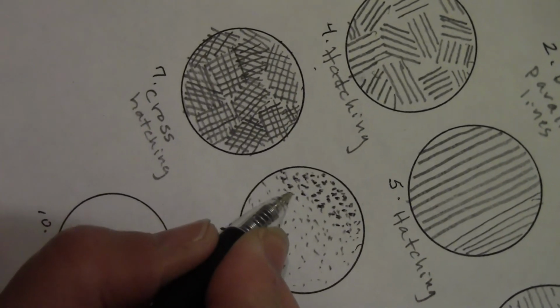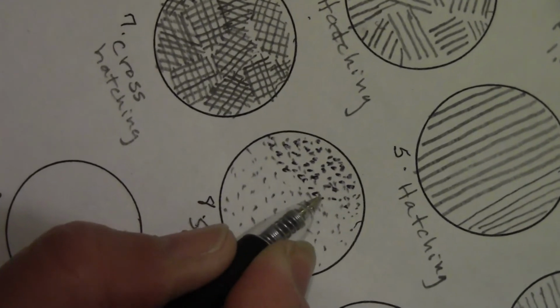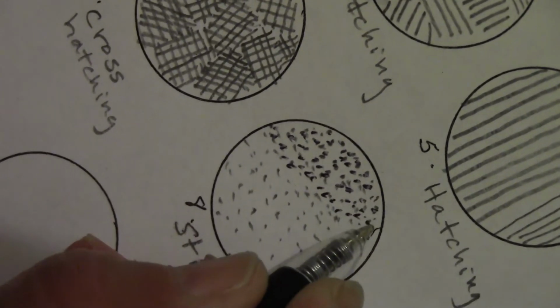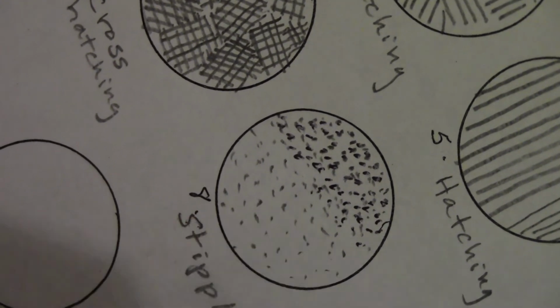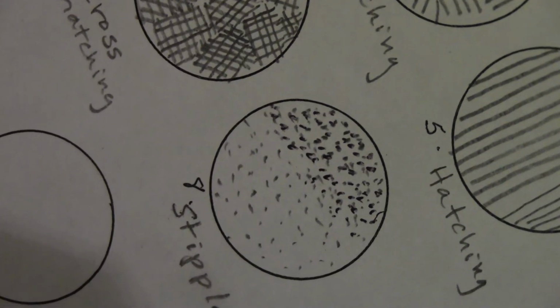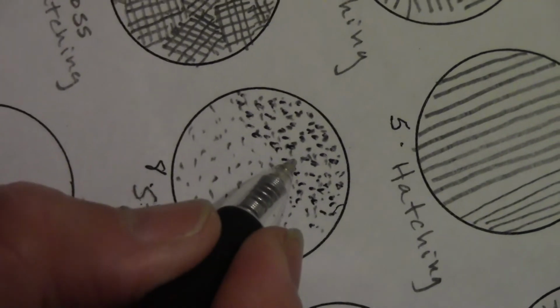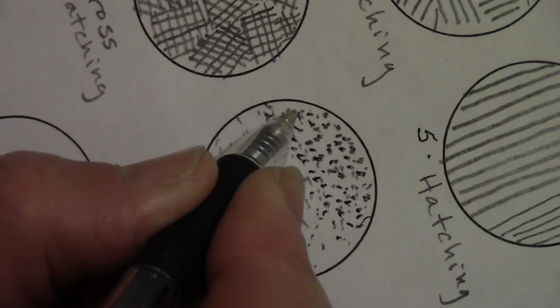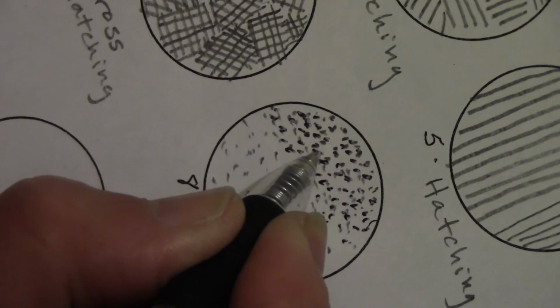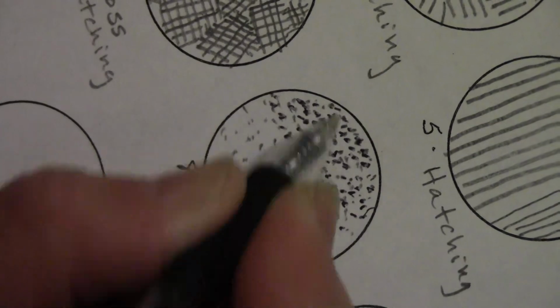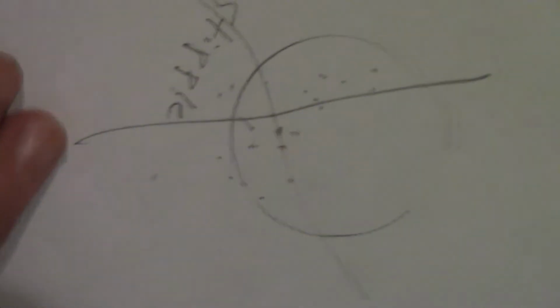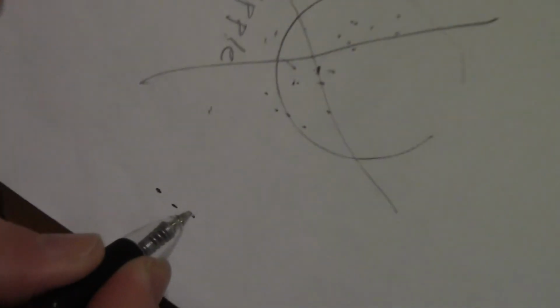If you feel comfortable, you do not need to use pencil once you've started, but it's always a good idea to start with pencil so that you're sure that you are going off to a good start. Okay? And then as I work my way across, maybe I'm going to decide that this isn't dark enough. So then I would come back and add more dots just by touching the pen to the paper or by making a little mark. Okay?